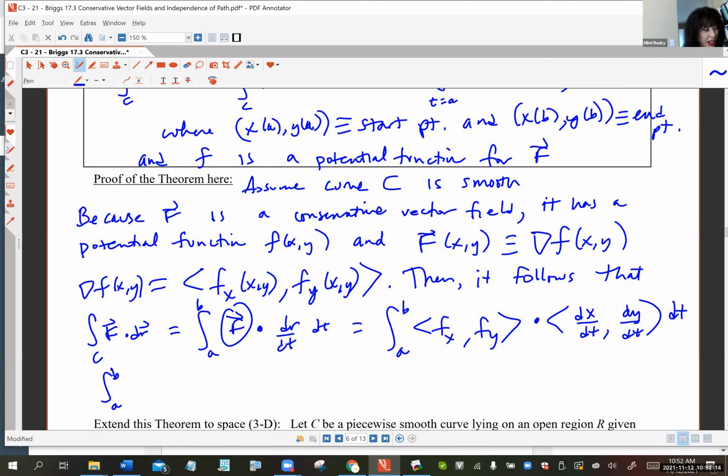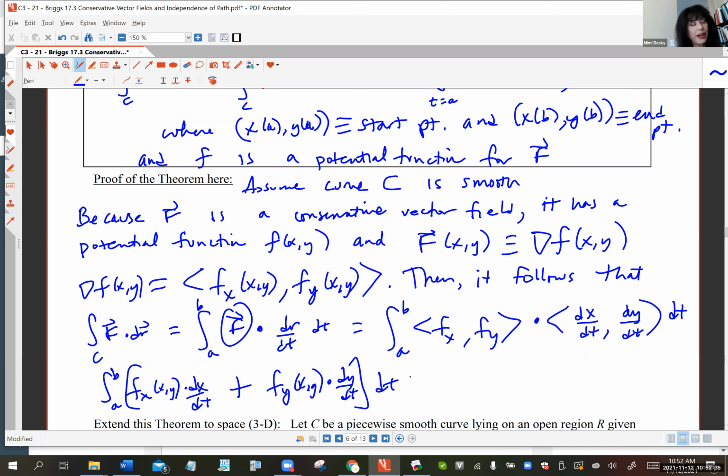I'm going to actually take the dot product. So I'm going to have the f_x times dx/dt plus the other partial times dy/dt, dt. Okay, now here's the part where you know this.